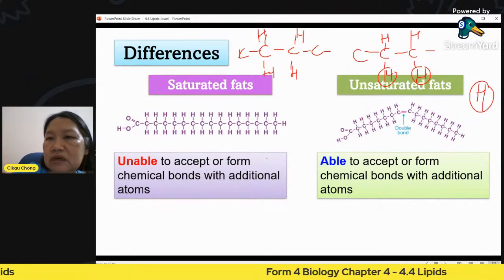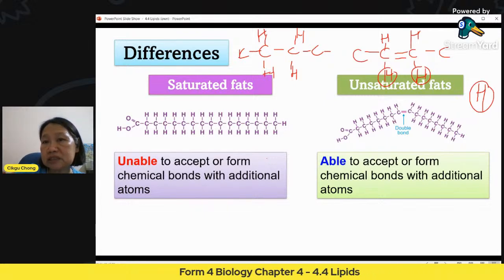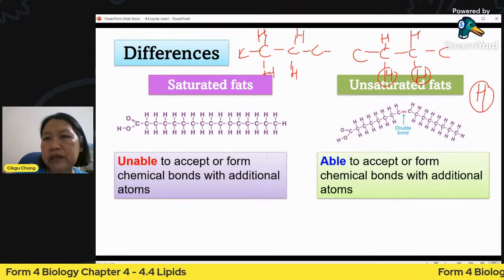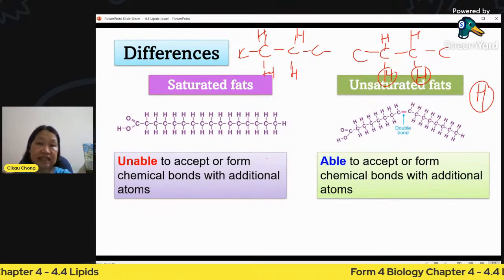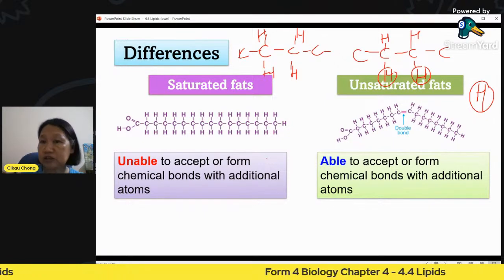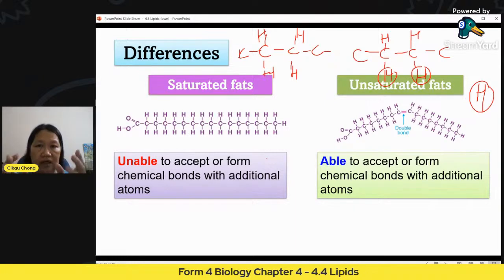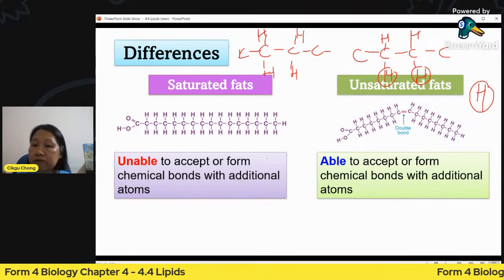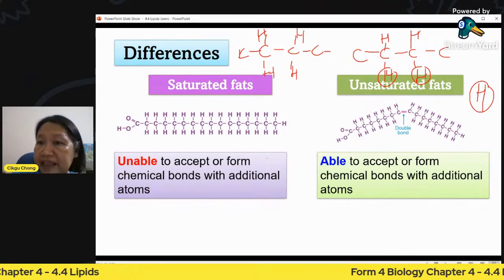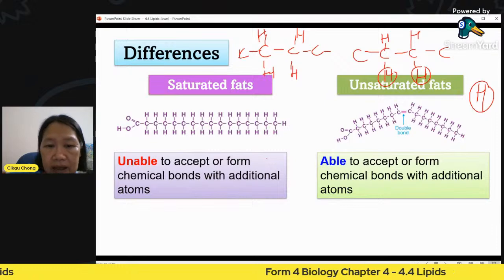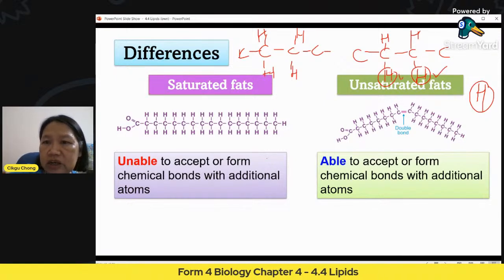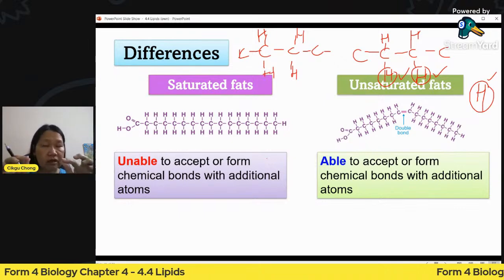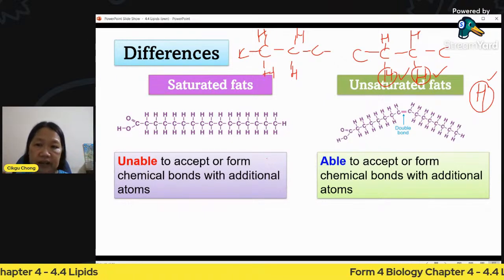So you can break this double bond by adding more atoms inside, and now it becomes saturated. From an unsaturated fat, you break the double bond, it becomes a saturated fat. So it's able to accept, or form chemical bonds with additional atoms. This is the additional atom, your hydrogen, that you bring inside.